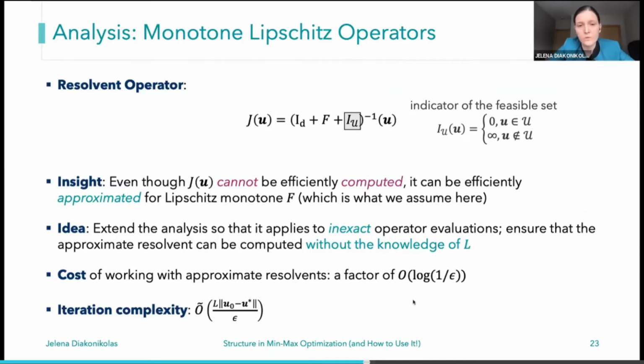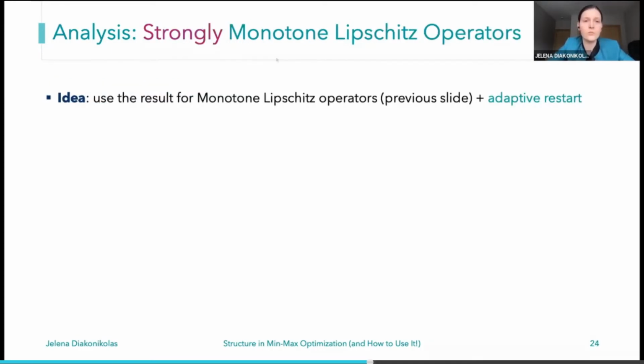So you just lose the log 1 over epsilon factor compared to the cocoercive setup. But this is where the meat of the analysis happens, just ensuring that things work even when you have inexact evaluations. And now to go from here to Lipschitz and strongly monotone, it's not that difficult.